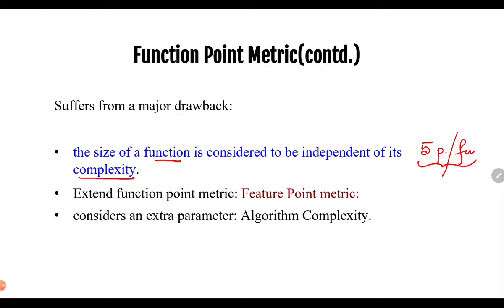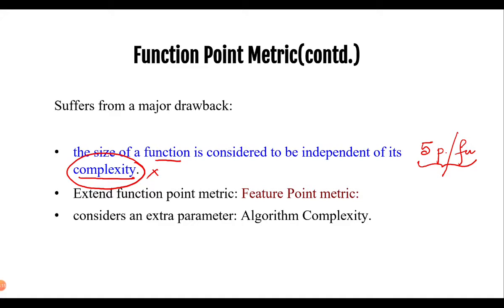They come with a lot of complexity within themselves, and that is the drawback of the function point metric, because we will not consider the complexity of implementing those functions at all. Hence, we have to look for other techniques and measures so that the complexity in implementing these algorithms, or functions, should be considered.